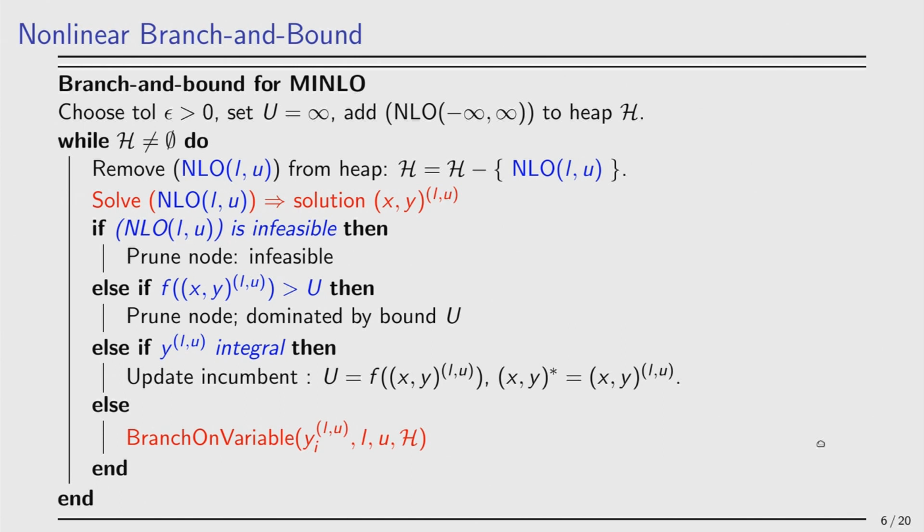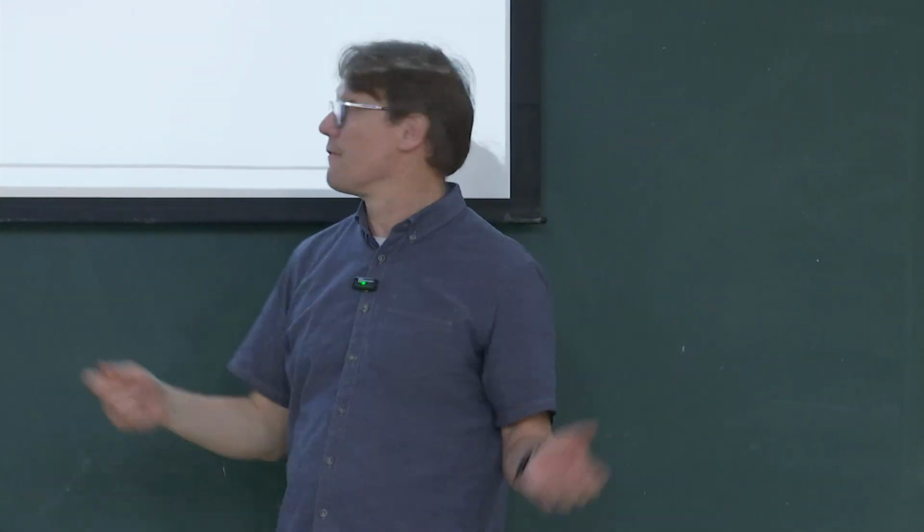So here's the same picture in a formal algorithm. If you want to implement this, we use a heap to store the nodes of the tree or the changes to the bounds. And initially we put the root node relaxation onto this heap. And then we go through this little loop where we take any problem from the heap, and choosing a problem is actually not an easy decision. So which problem should you solve next?